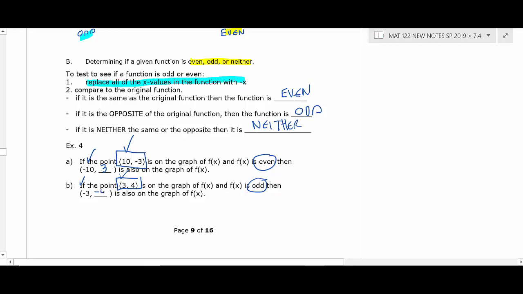I just made a mistake. A lot of you probably caught me on that too. If it's an even function, if x is opposite, then you get the same y. Sometimes I can't talk and think at the same time. Now I did it again. If you have an even function, you have the same y. If you have an odd function, you have an opposite y. Now I think I got it. I'm confusing myself.